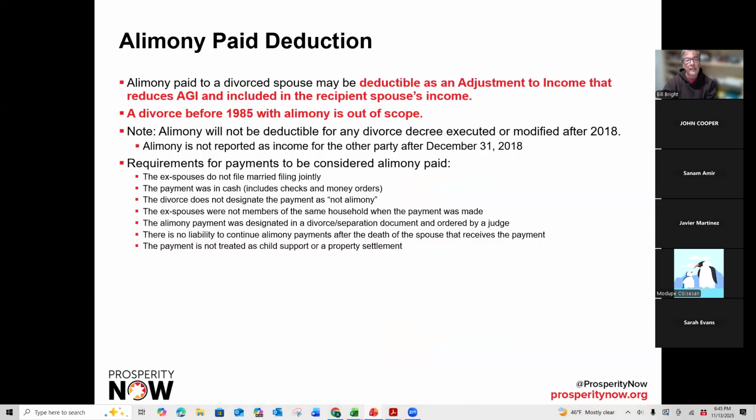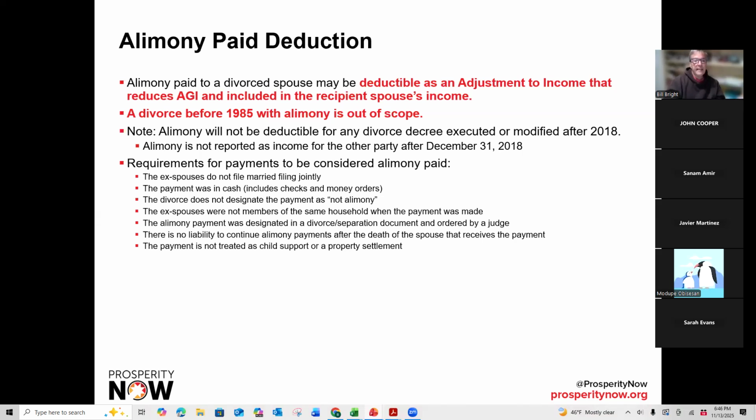Okay, alimony paid. Alimony paid to a divorced spouse may be deductible as an adjustment to income that reduces AGI and the recipient spouse's income. Okay, this is basically anything after 1985 and before 2018. All right, again, alimony paid is deductible as an expense. You have to include where it went, his or her social and their name.